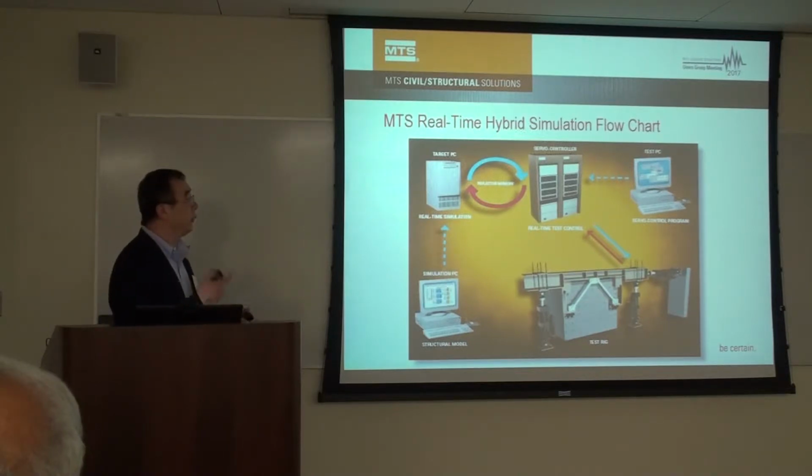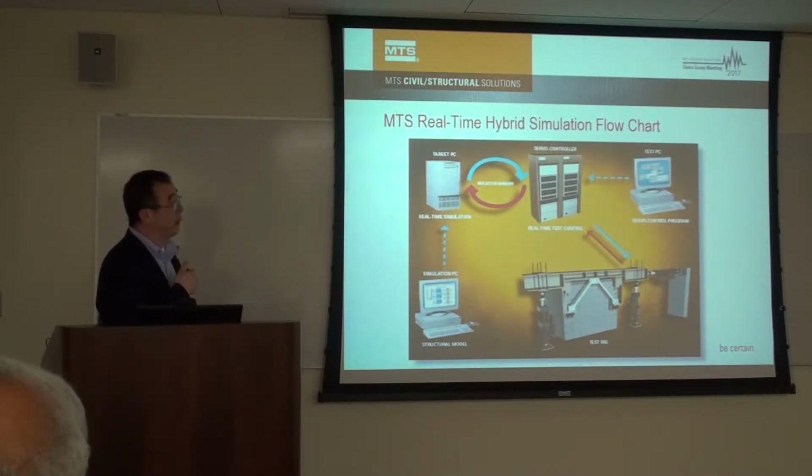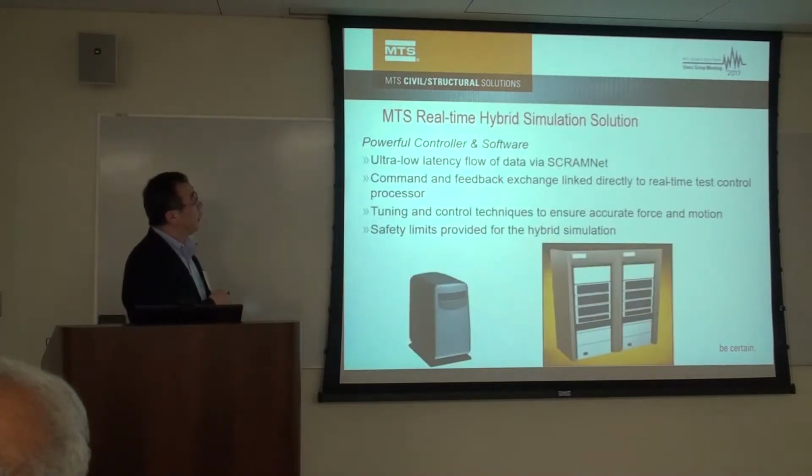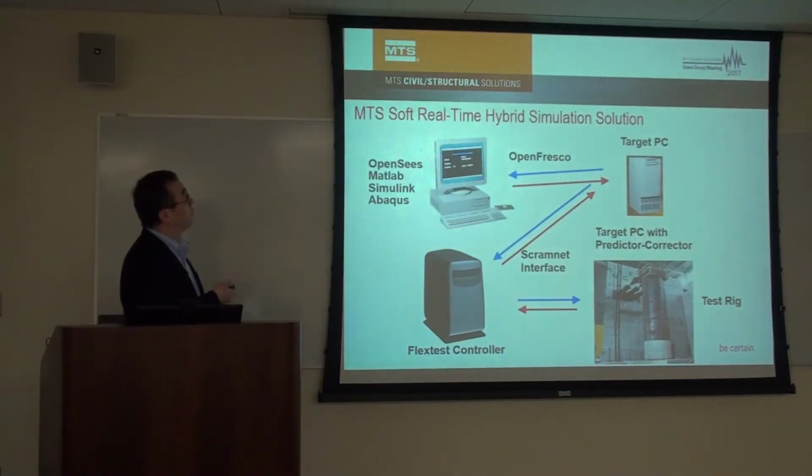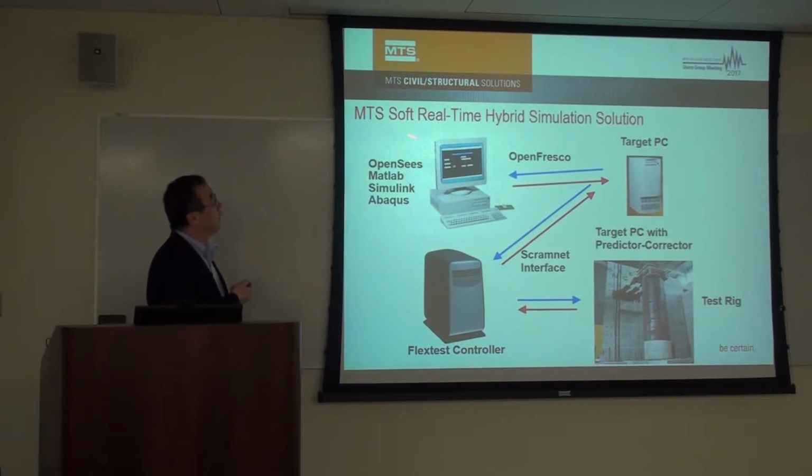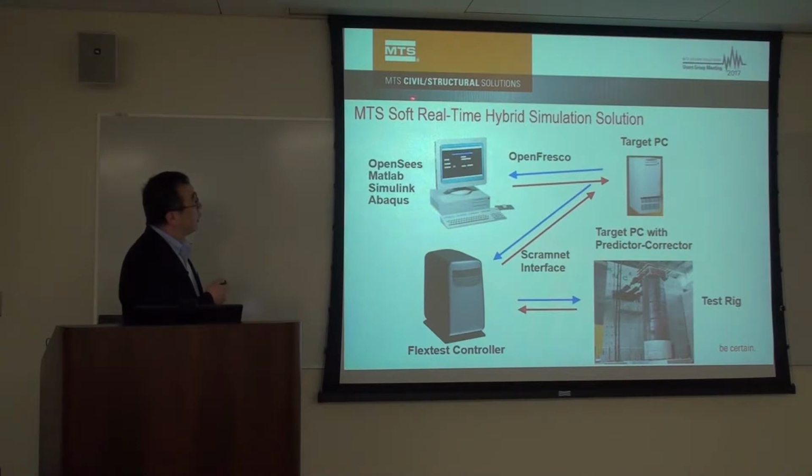So the model cannot be that complicated. For that reason, we also have a soft real-time hybrid simulation. This is also not MTS developed, and a lot of things are developed by UC Berkeley, in this solution.